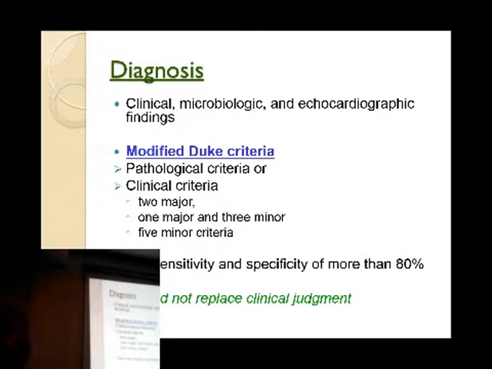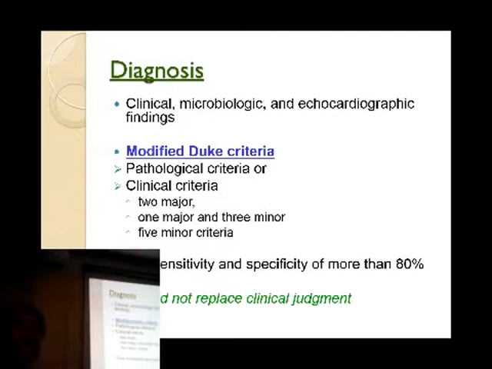So either the presence of one pathological criterion, you can make a definitive diagnosis, or presence of 2 major clinical criteria, we can make the definitive diagnosis, or a combination of 1 major and 3 minor or 5 minor criteria makes the definitive diagnosis.